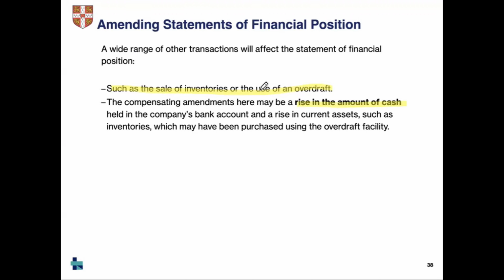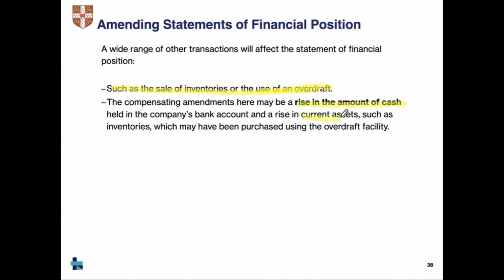And then the use of an overdraft facility, what is the corresponding or compensating change here? It says the compensating amendment here may be a rise in the amount of cash held in the company's bank account and a rise in current assets such as inventories.